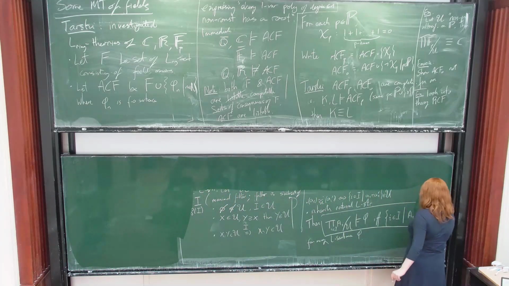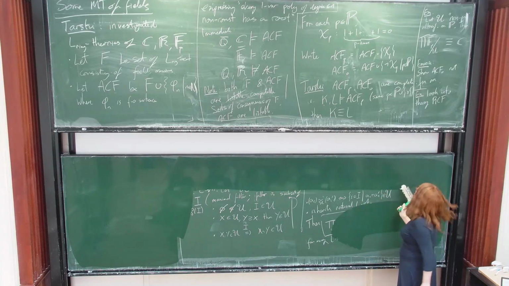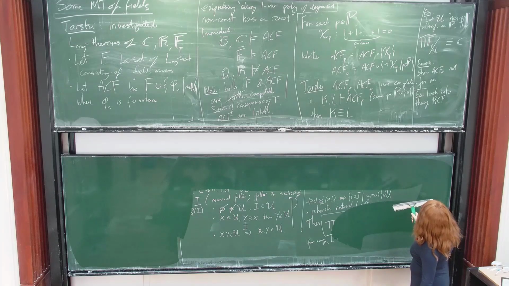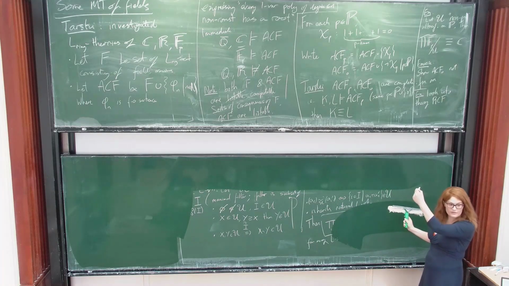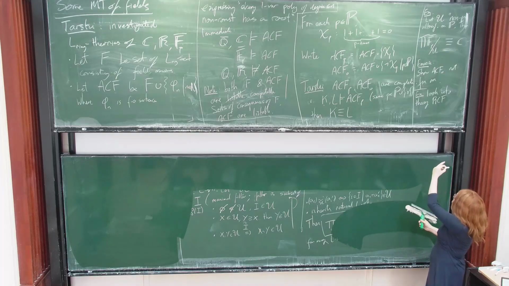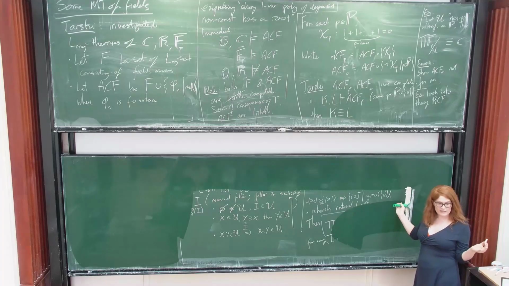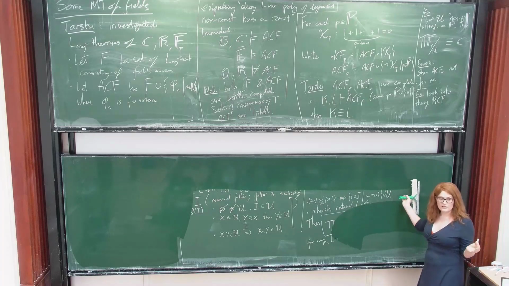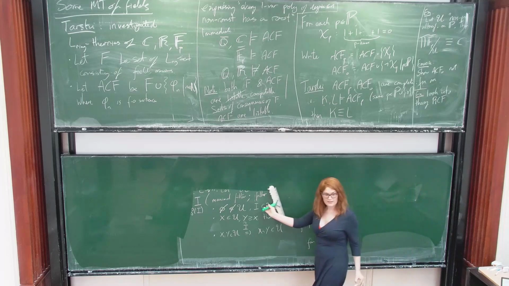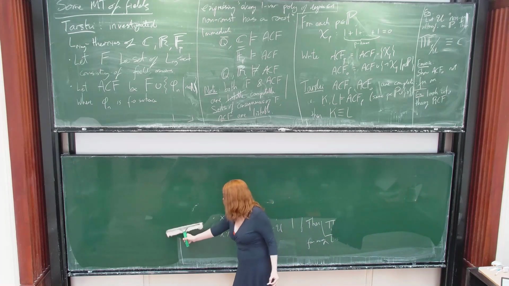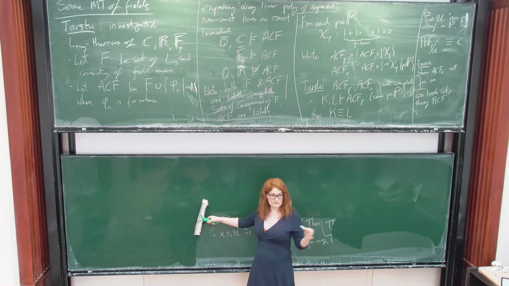Sorry, can you repeat what the first exercise is? So the first thing was an example, I was just giving you the thing at the top. But the exercise is to show, for example, that ACF 0 is not finitely axiomatizable, meaning there's no finite set of sentences, axioms, which are equivalent, meaning have the same models.